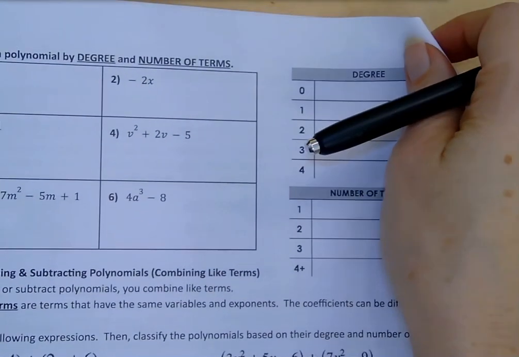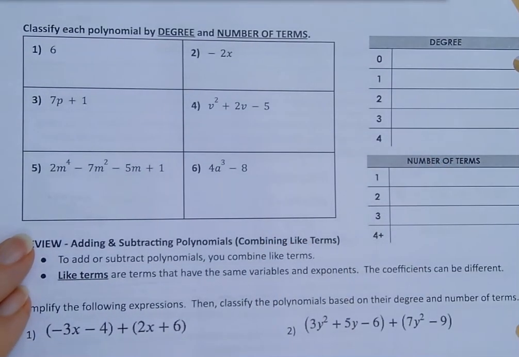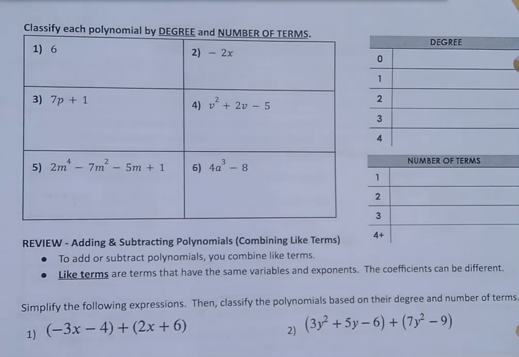Okay, excuse me. Let's take a look. So now we are going to think about classifying each one of these polynomials by its degree and by its number of terms. So remember degree, we're just going to look at all of the terms, and whatever the highest exponent is, that's going to be our degree. Okay? The number of terms, remember that's when we were talking about whether something's a monomial or a binomial or a trinomial.